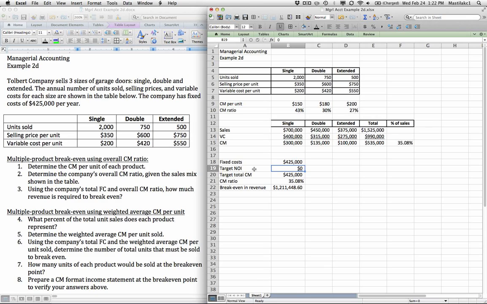That would give you a sense of how much your competitors would need to sell in order to break even. You're not always going to have unit data for your competitors, but often if they're a publicly traded company and their financial statements are publicly available, you can do some estimates at the dollar level. So that would be another setting where you want to work with the contribution margin ratio instead of unit by unit data.